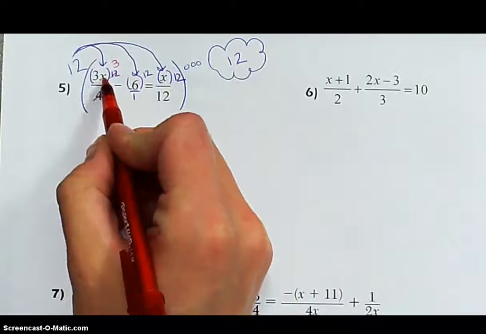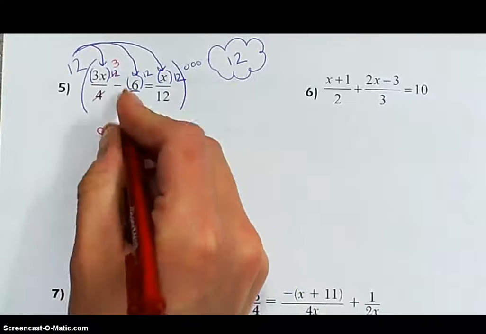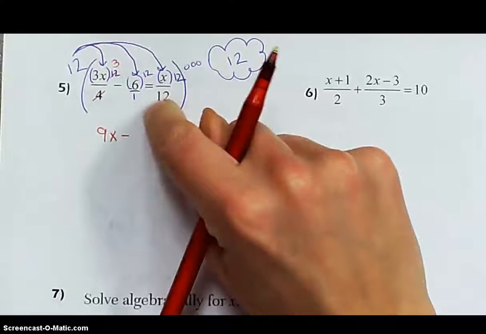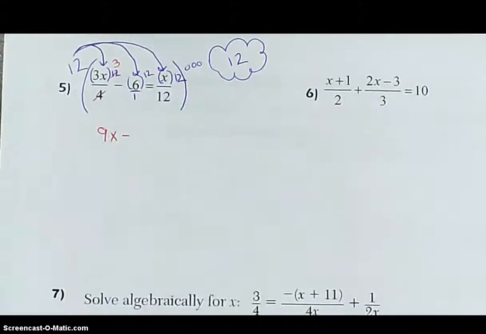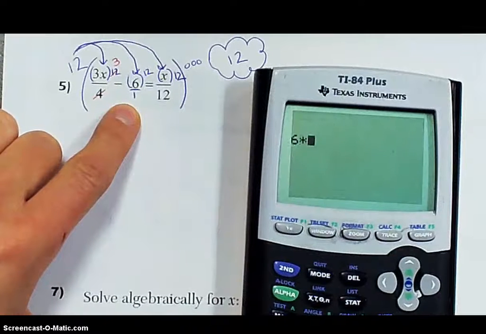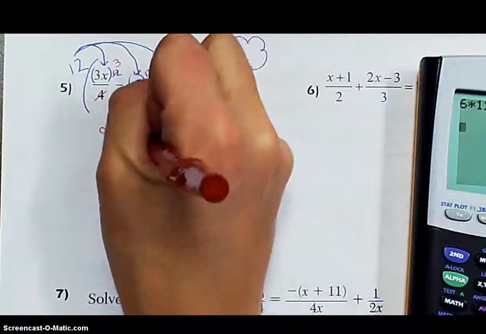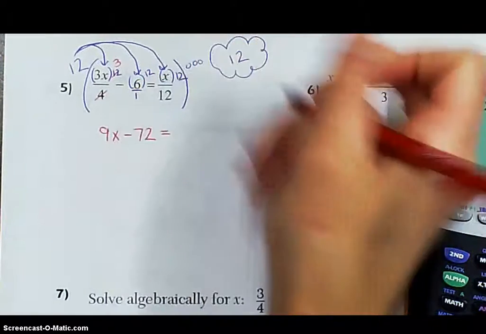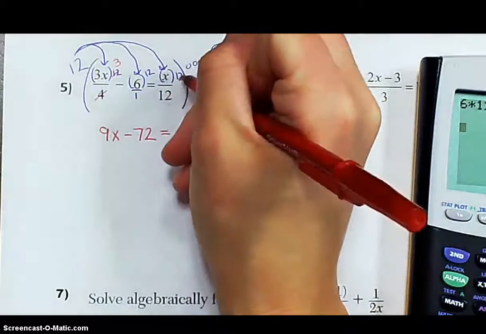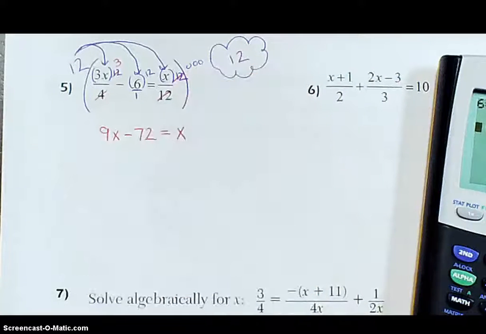So we have 3x times 3, which gives us a total of 9x. Minus, now nothing is going to cancel there, which is okay. So all we're going to do then is 6 times 12, and we get 72. Equals, now here we have a 12 in the denominator, a 12 in the numerator, so those will completely cancel, and we get just x.